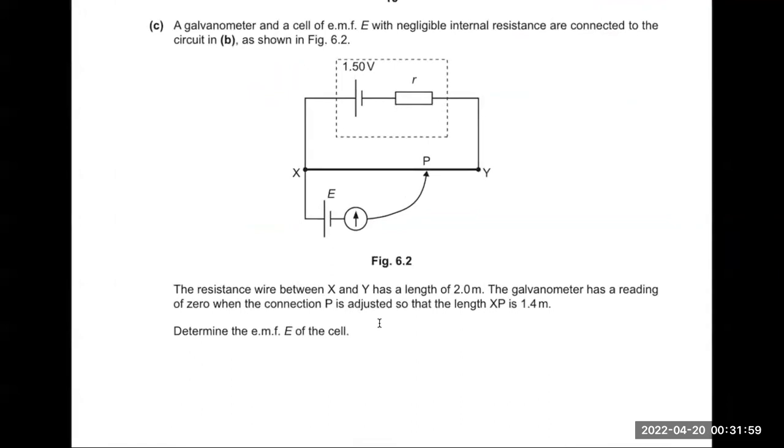Part C says, a galvanometer and a cell of EMF E with negligible internal resistance are connected to the circuit in B as shown. The resistance wire between X and Y has a length of 2 meters. The galvanometer has a reading of 0 when the connection P is adjusted so that the length XP is equal to 1.4 meters.